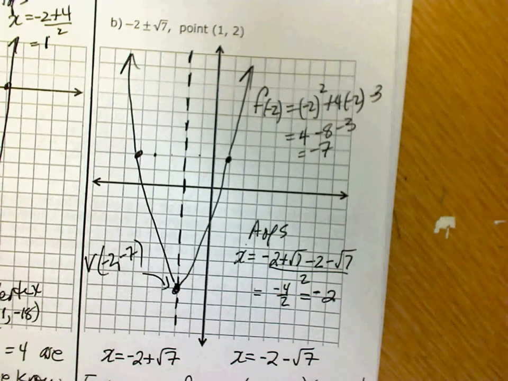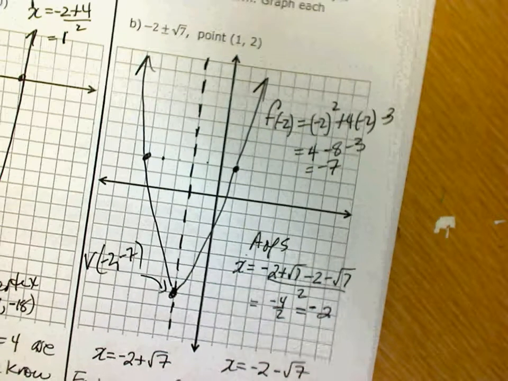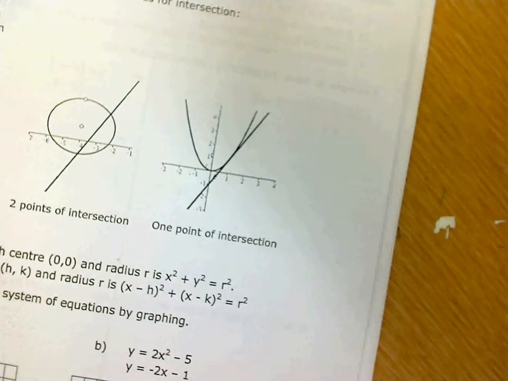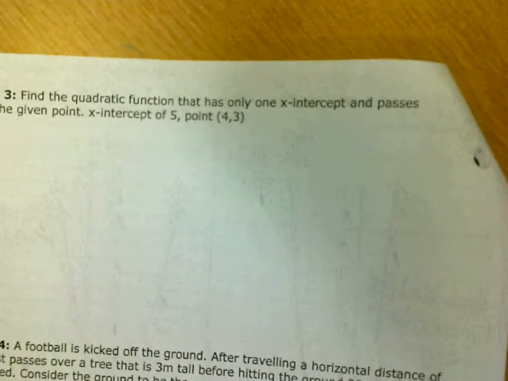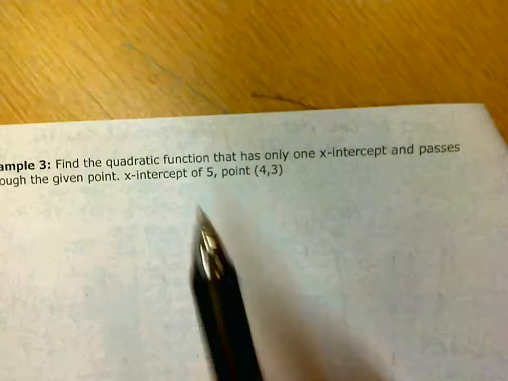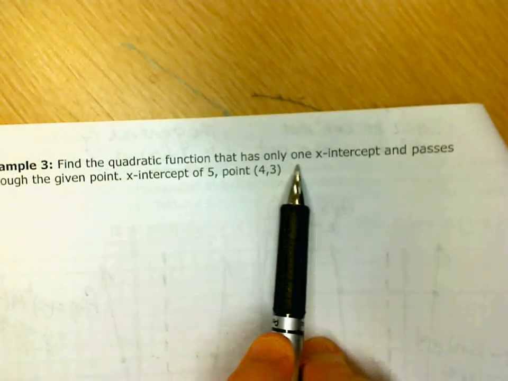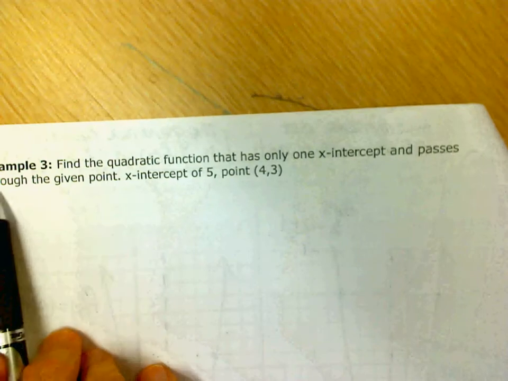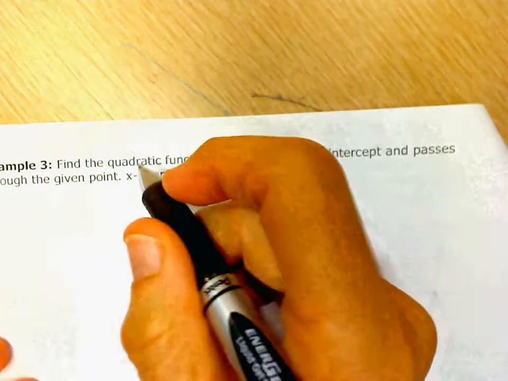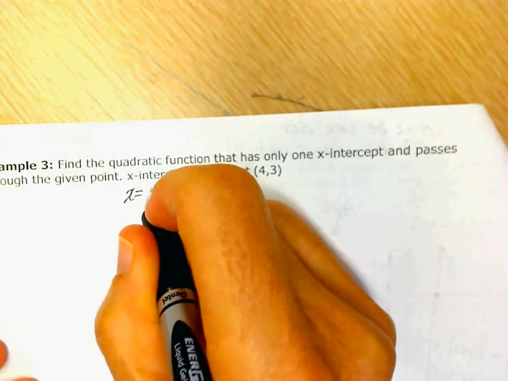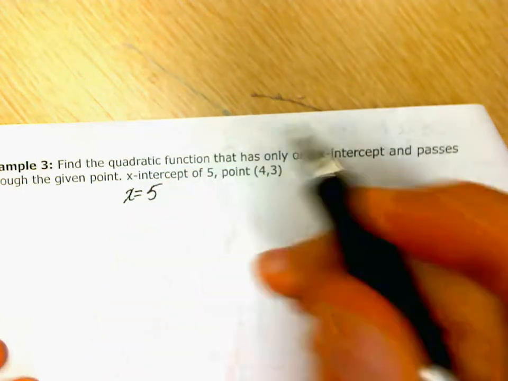Let's just do a couple of examples and then we'll be done. Find the quadratic function that has only one x-intercept, and so that means there's two equal real roots, right?